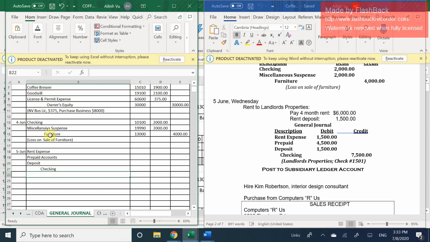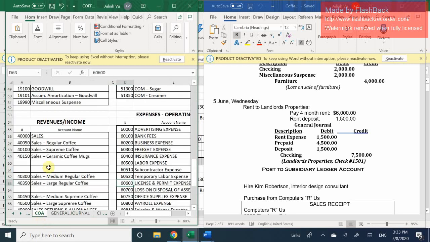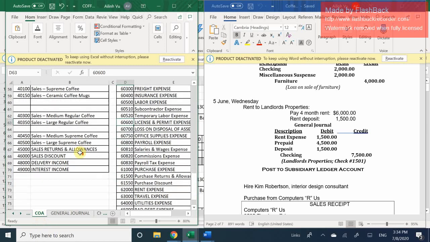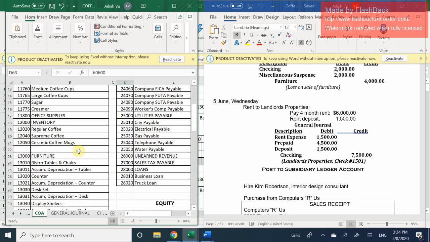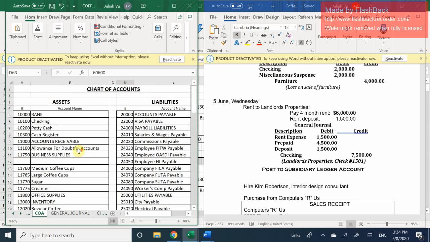All right. So before we do our description or anything, let's go ahead and double check with our chart of accounts to match our account names with the account numbers. So my checking is 110.